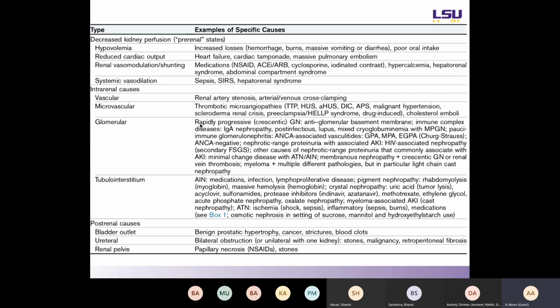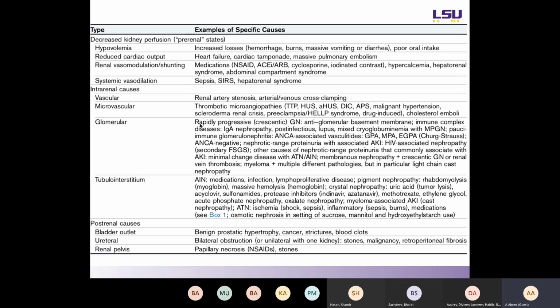AKI, and always move things up and down depending on the clues that you're given or that you get. Of course, there are medications that can cause issues. I'm going to talk a little bit more about that in detail. Electrolyte abnormalities such as hypercalcemia can induce a diuresis and cause a pre-renal disorder.